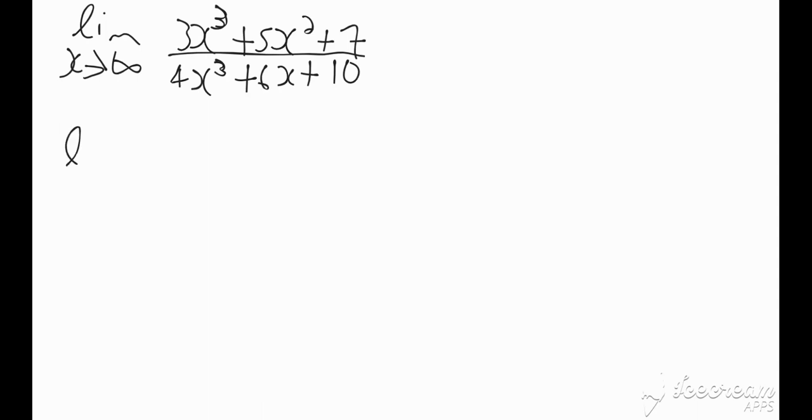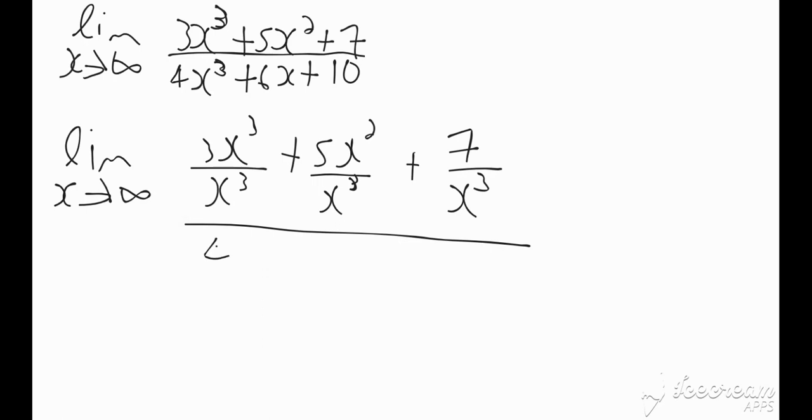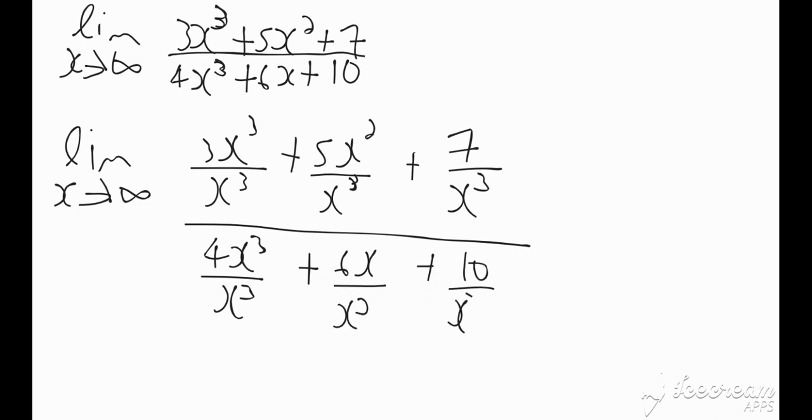So we're going to have the limit as x tends towards infinity of 3x cubed over x cubed plus 5x squared over x cubed plus 7 over x cubed all over 4x cubed over x cubed plus 6x over x cubed plus 10 over x cubed.